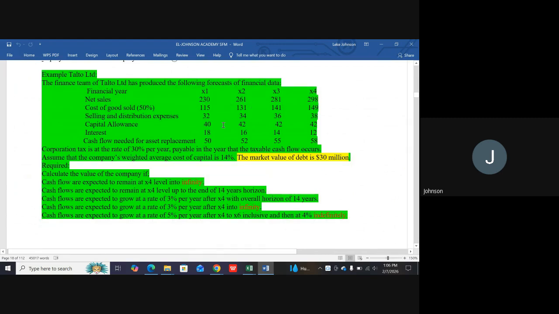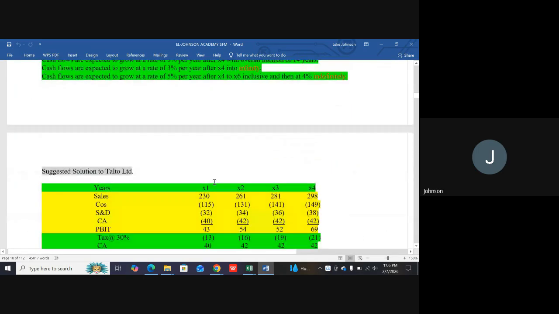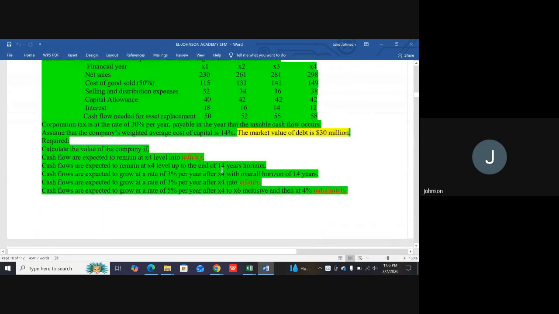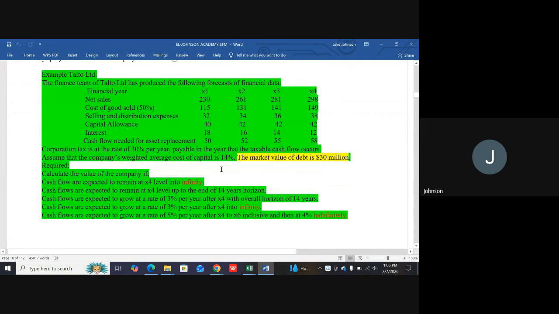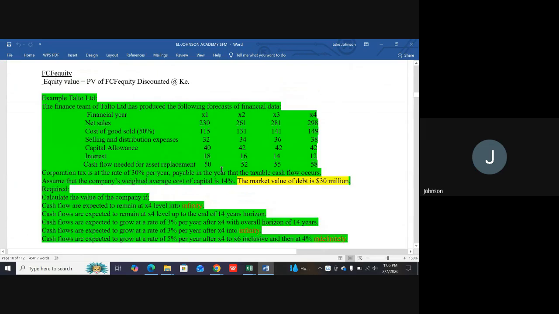Just like the way we normally list our sales, your cost of sales, your other expenses and all that. That's the same method we are going to use. So the first thing we want to get is our net cash flows, that is the free cash flows available to the owners of the business.